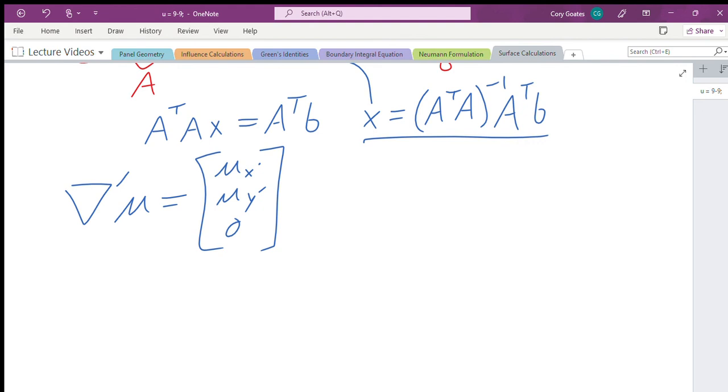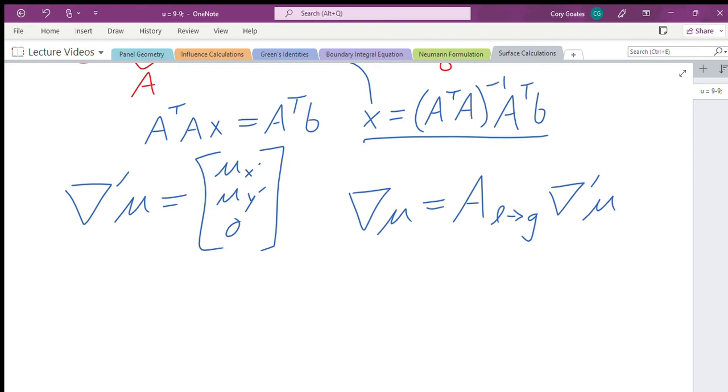And then to get the gradient of the doublet strength in the global frame, all we have to do is multiply that by A, L to G, and that'll transform it right back for us. Pretty slick, right? So that's all there is to that.